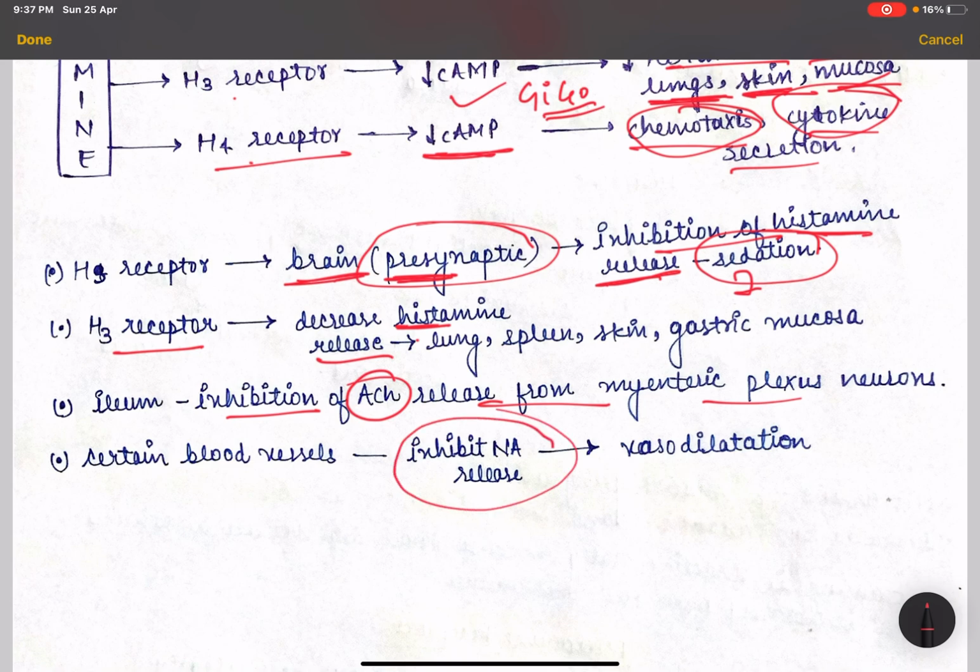In certain blood vessels it inhibits noradrenaline release, so they cause vasodilatation.